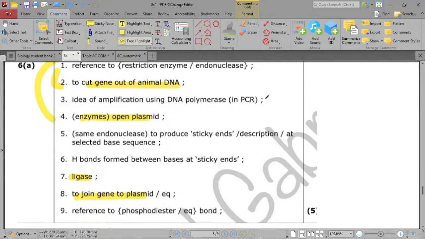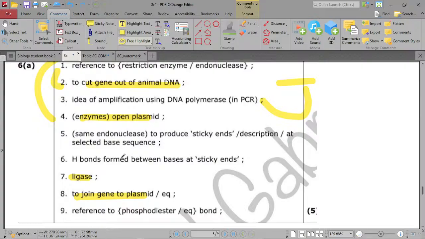So if you want to have more of the specific gene, we would use the PCR technique to do that. Then we also know that endonucleases produce sticky ends at the sides of which the DNA was cut. And hydrogen bonds form between the bases at sticky ends.